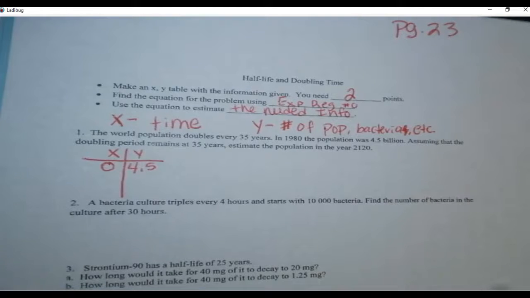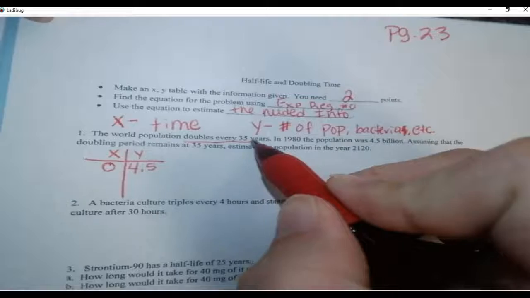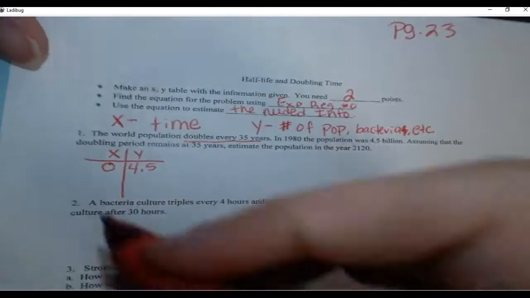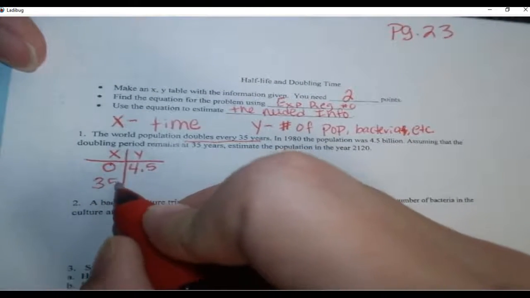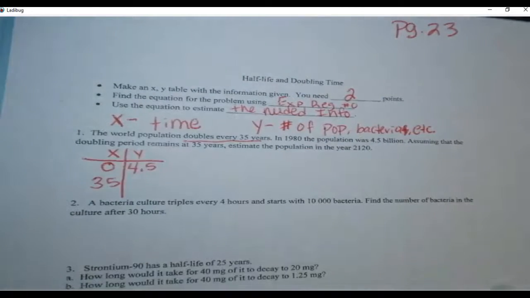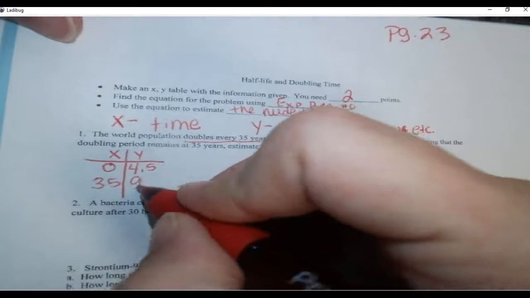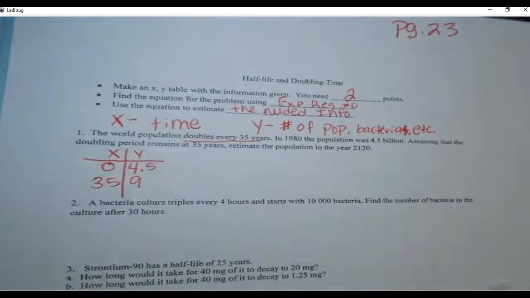So then it tells me that it doubles every 35 years. So 35 years later, what would be the population? 9 billion. Good. So every 35 years, it doubles. So then after 70 years, it would be 18 billion, etc. Okay. Questions on that?